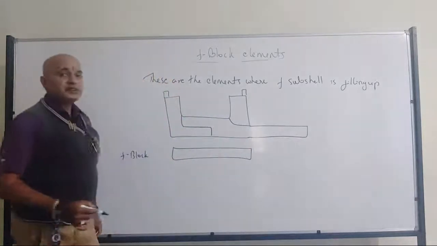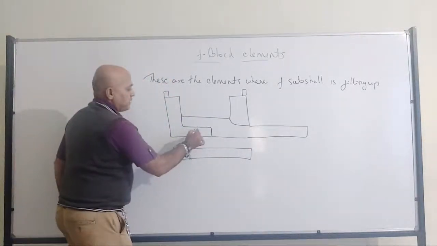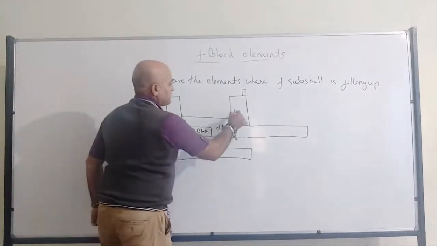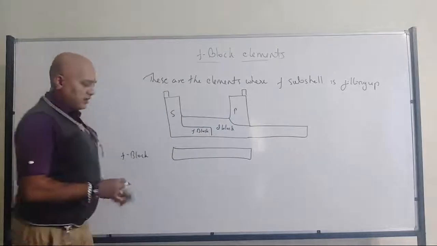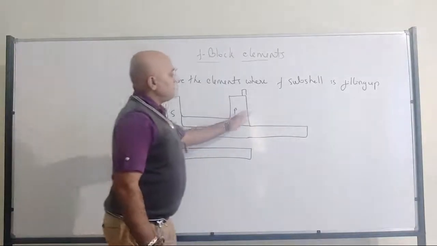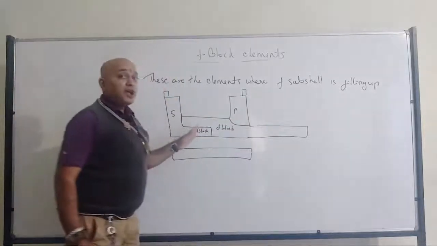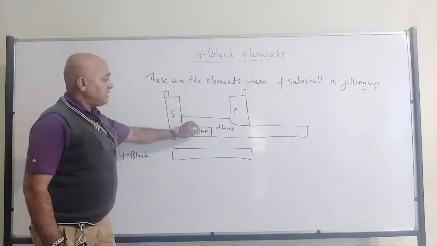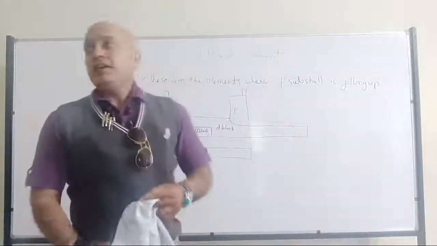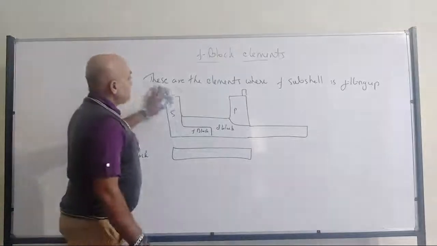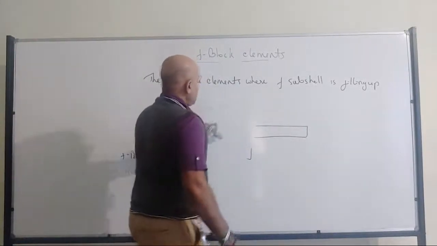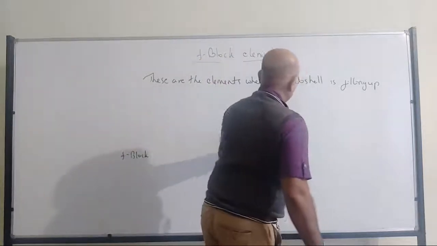So this will become F block, this will become D block, this will be P block, this will be S block. Too much confusion, right? Because some of the P block will be pushed to that side. So to avoid that confusion, they have kept the F block at the bottom of the periodic table. All of you have understood? So the F block element will be shown at the bottom of the periodic table.